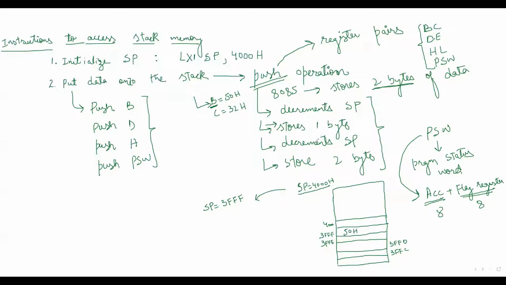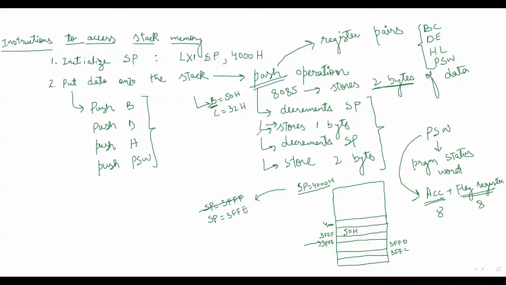Then again, it decrements stack pointer. Now stack pointer will be 3FFE. And after decrementing stack pointer, it stores second byte at that location where the stack pointer is pointing. Where is stack pointer pointing? This particular location.